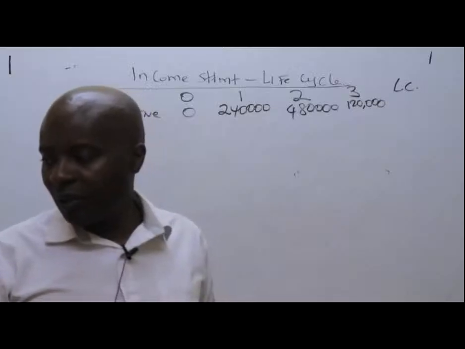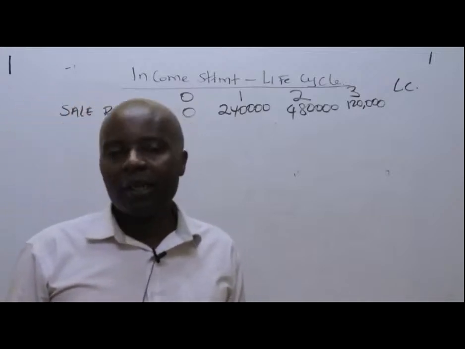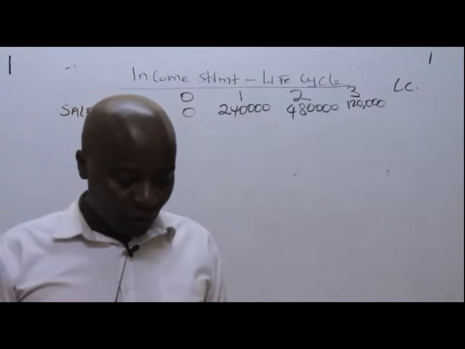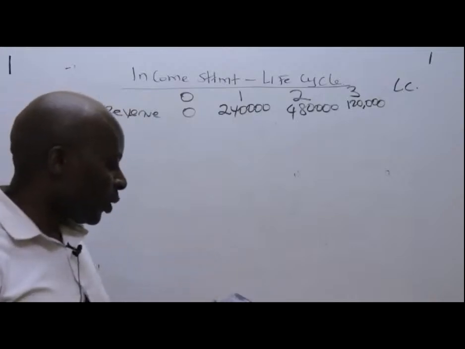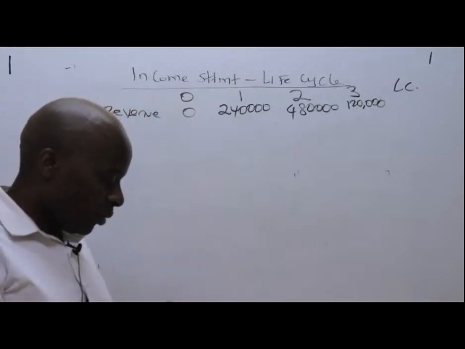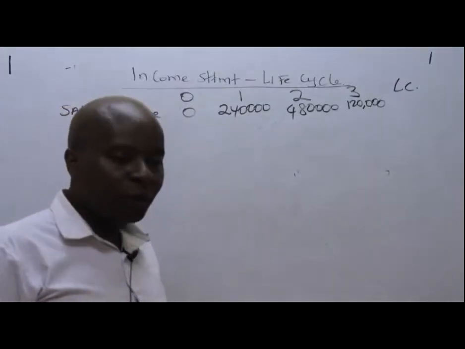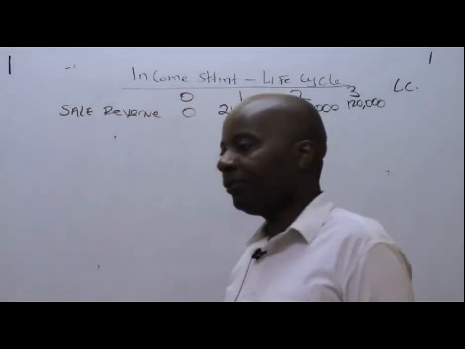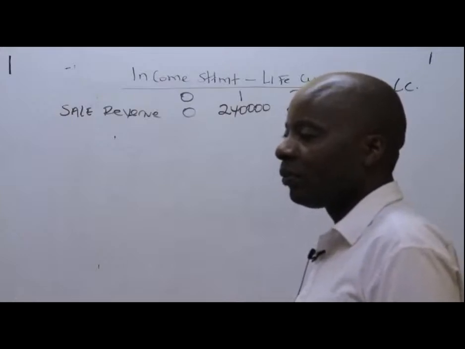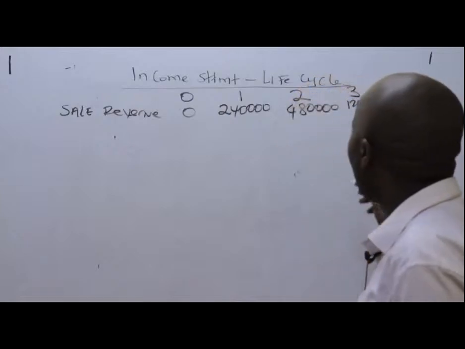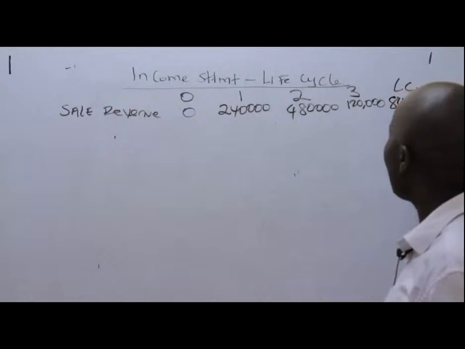So we have 0 plus that one, plus that one, plus that one. Give me a figure. What figure do we have here for the life cycle? 840,000.